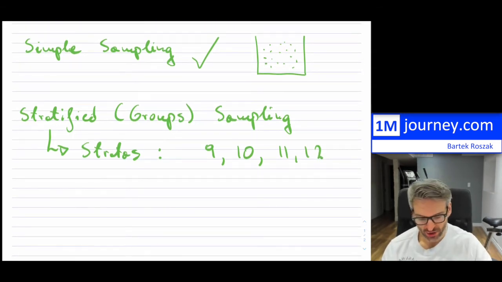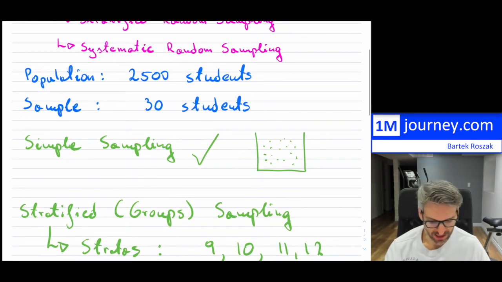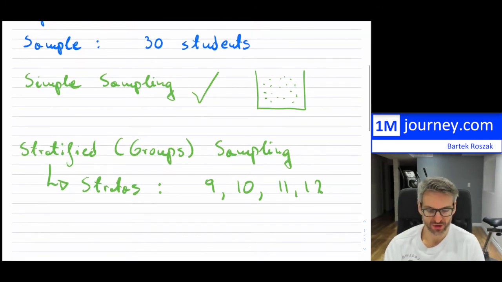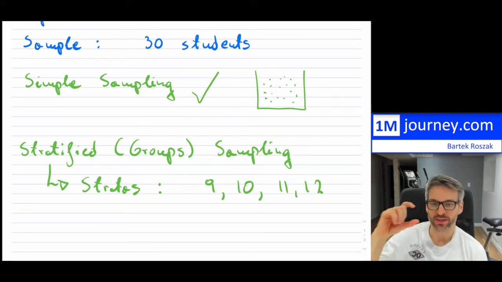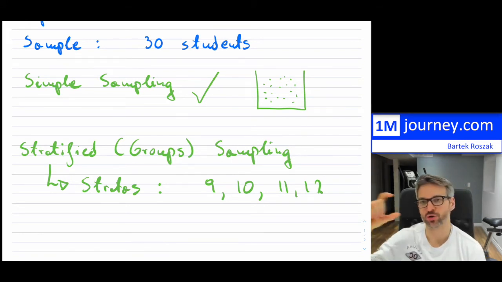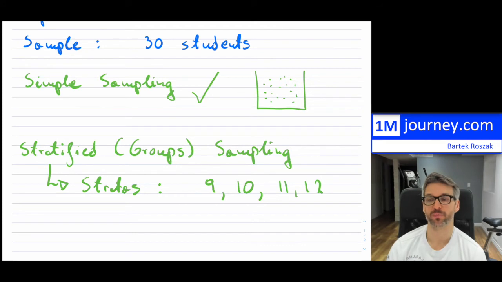Now, if my sample is 30 that I have, I want to be able to pick, at random, from these particular strata so that I have a total sample size of 30. Now notice that this is 4 groups.